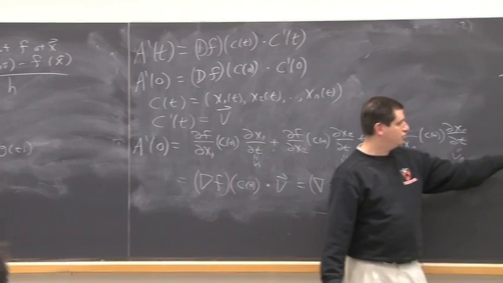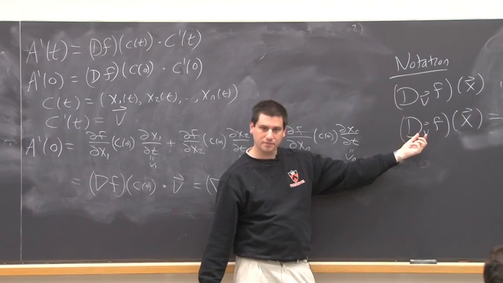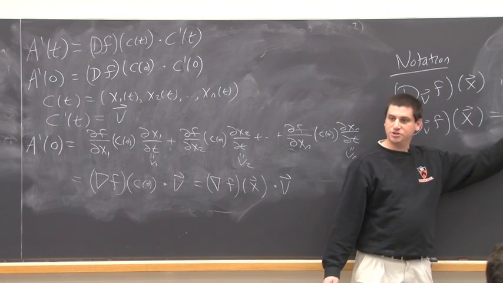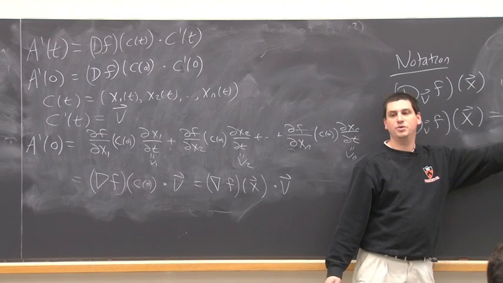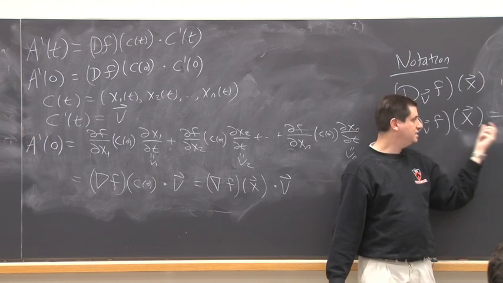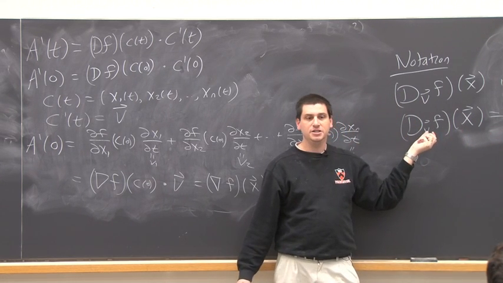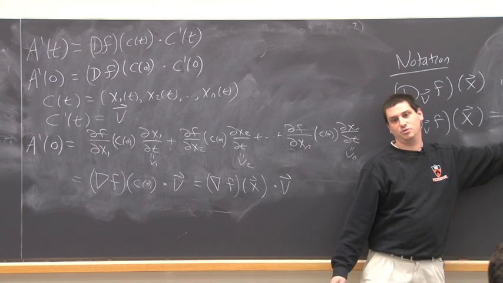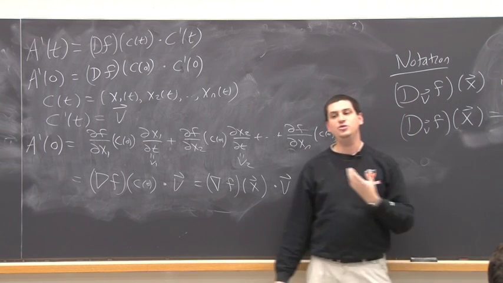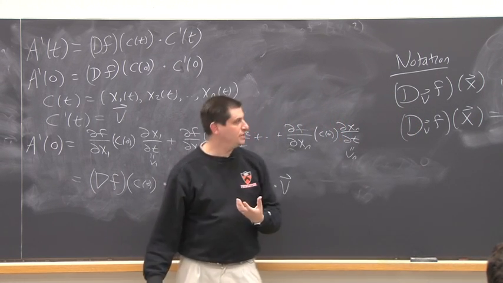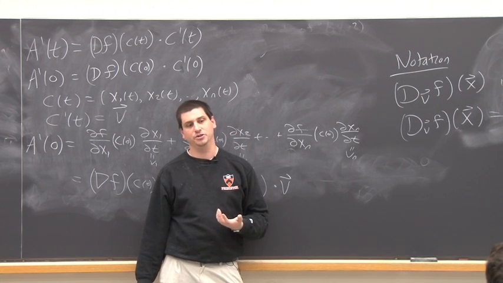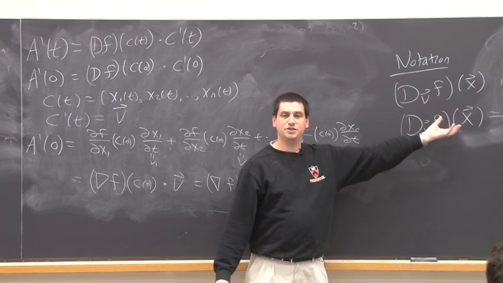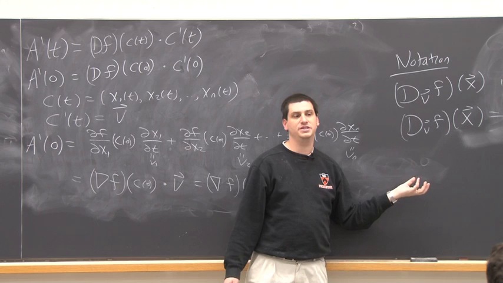We can represent a general directional derivative along v as the gradient, which is just the standard partial derivatives, dotted with v. As a nice exercise, take v to be a unit vector in the x1 direction, and you'll see this reduces to df dx1. Take v to be a unit vector in the x2 direction, you'll see it reduces to df dx2. So in the special cases, this formula reduces to what we've already seen.